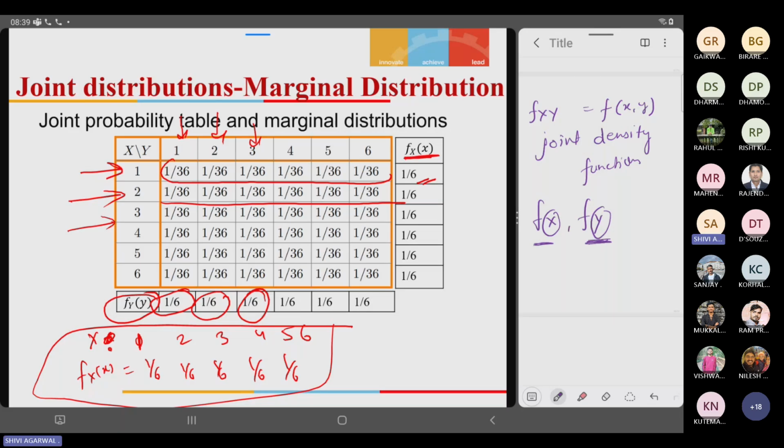We are doing the same manner. Similarly, we can write the y values 1, 2, 3, 4, 5, 6, and their fy is 1 by 6, 1 by 6, 1 by 6, 1 by 6, 1 by 6, and 1 by 6 here.